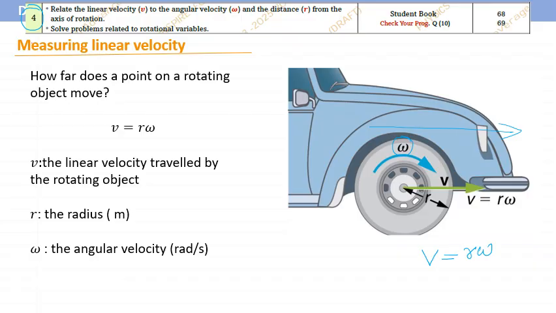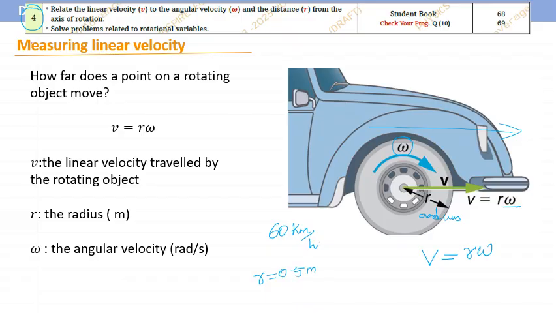Okay. So what is r over here? R is nothing but the radius. And what is omega? Omega is angular velocity. Okay. So I'll take an example. Suppose you are in a car moving at 60 km per hour, and the radius of the car tire is around 0.5 meter.